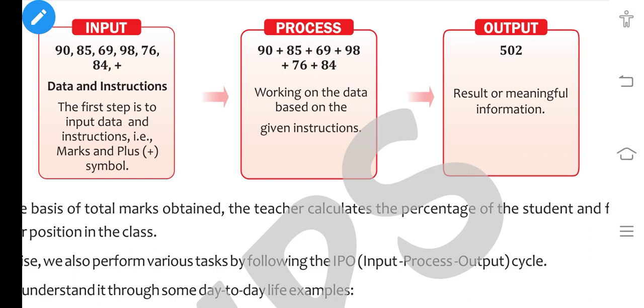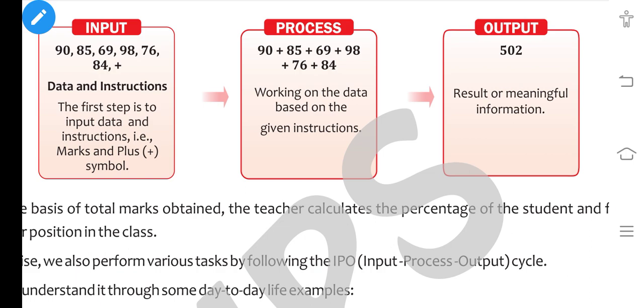So let's see some examples. Just like if you want to add something in the computer, first we will take some digits to add, and whatever digits we take, we will enter those digits in the computer with the use of keyboard, and keyboard is an input device. Now process.